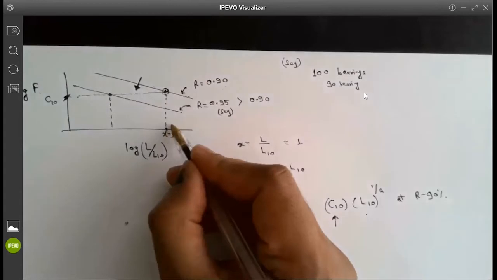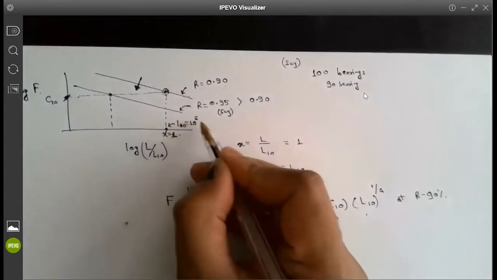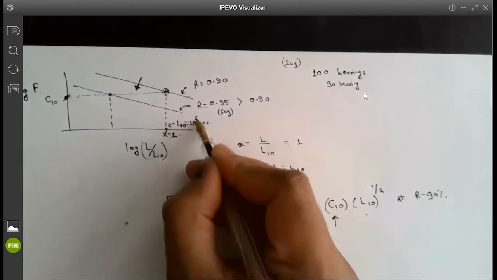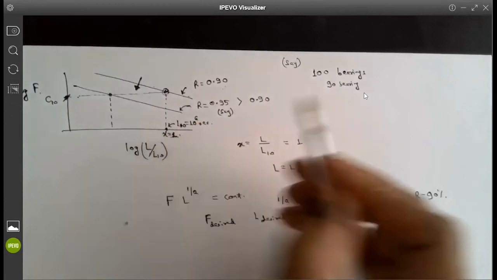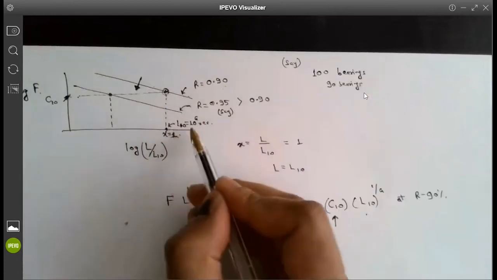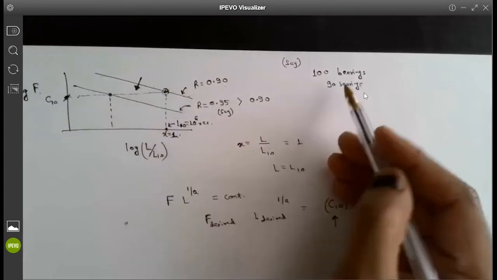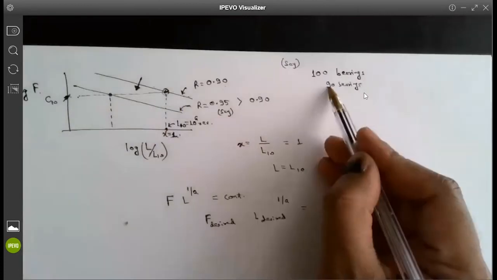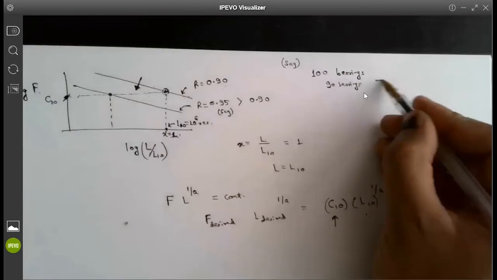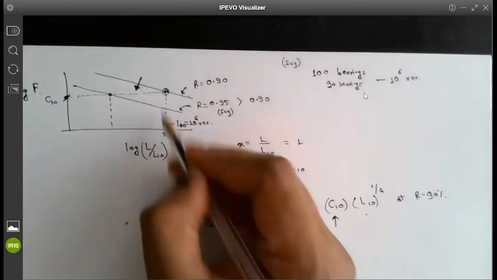This is L10, 1 million revolutions, which means X equals 1. So 90 bearings out of these 100 are going to survive 1 million revolutions, and that is what I'm plotting here. That is the data point we plotted.